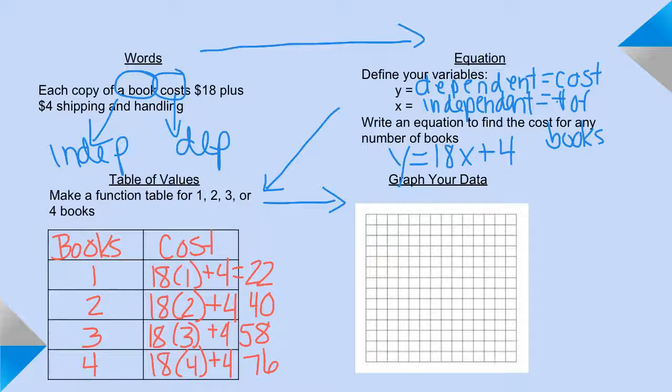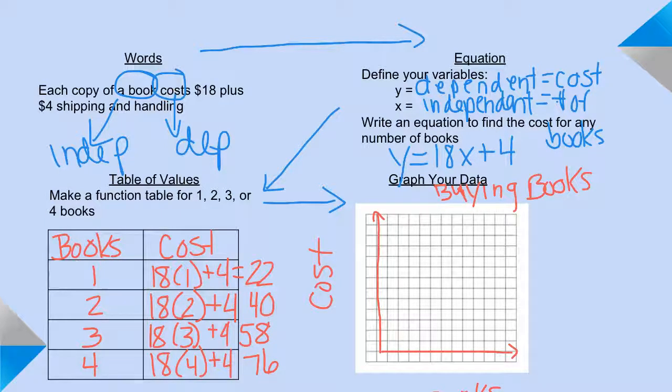All right, time to graph. So I am buying books. Buying books is going to be my title. My independent label, my number of books, goes on the bottom. My dependent label goes on the side. So I'm going to draw in my axes.